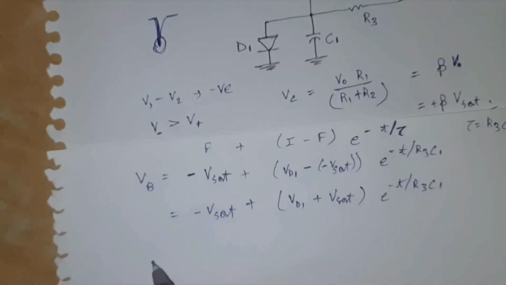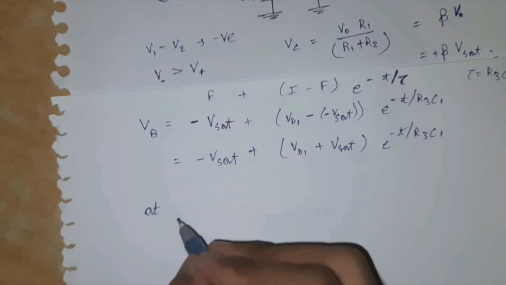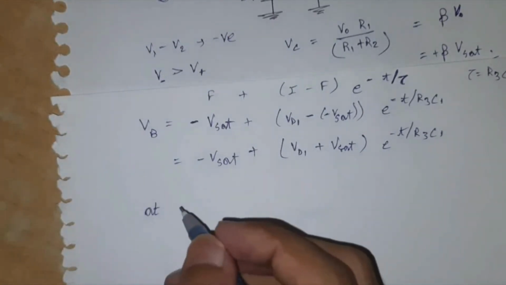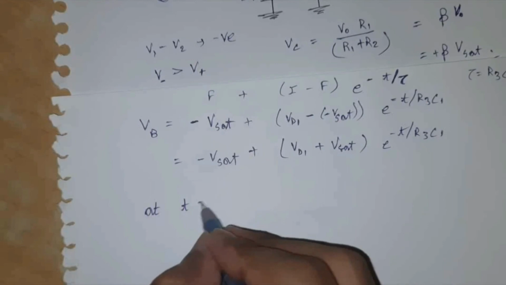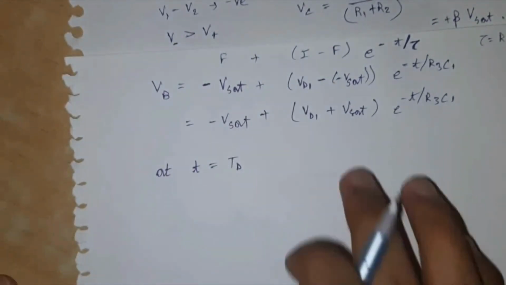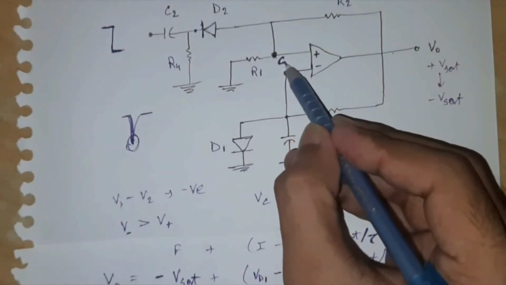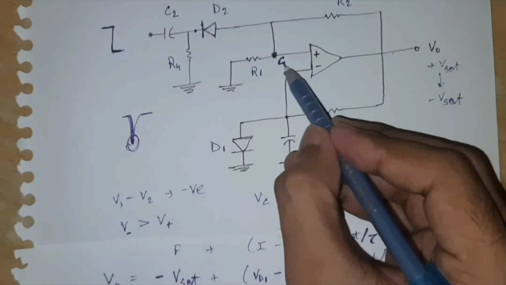Now we are trying to calculate the time TD at which the discharge stops. Let us suppose that t is equal to TD. Now we know that right now point C is at minus beta V sat.